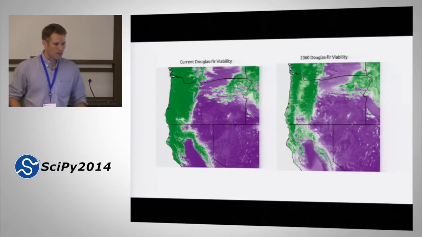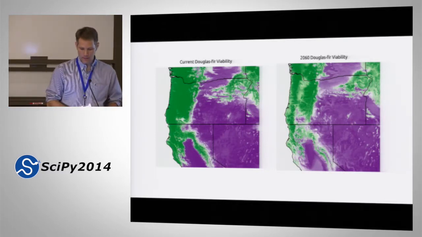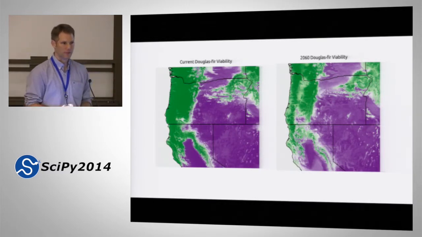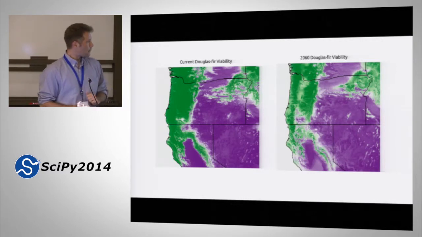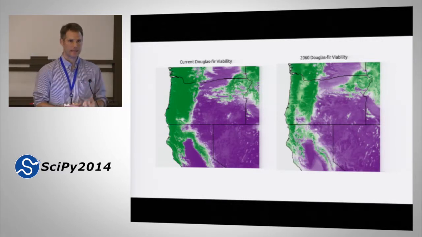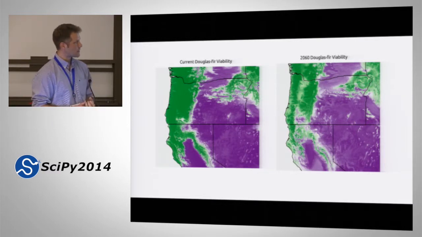So this is just an example of how we're applying this kind of approach in the forestry realm. On the left, we see the current viability of Douglas fir, one of the major commercial timber species. Green is good, purple is bad, doesn't grow there. And so you can see how in 2060 the predicted viability of that species changes.